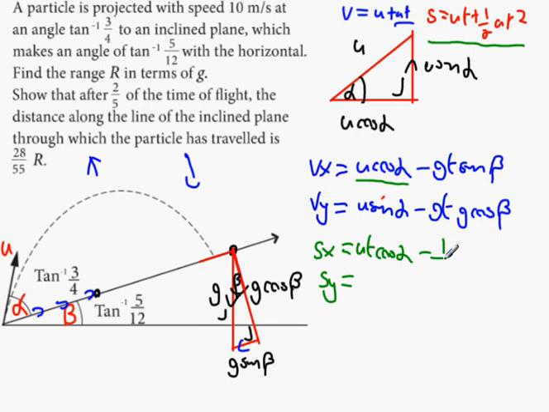So minus a half g t squared sin beta. Same deal with v y and s y, add on a t, we get ut sin alpha, and then minus a half g t squared cos beta. Is everybody happy with how to make those formulas?